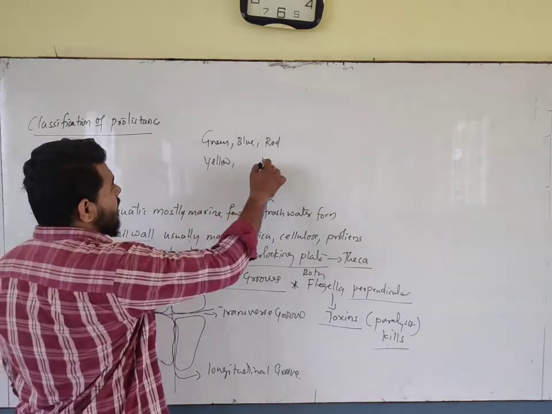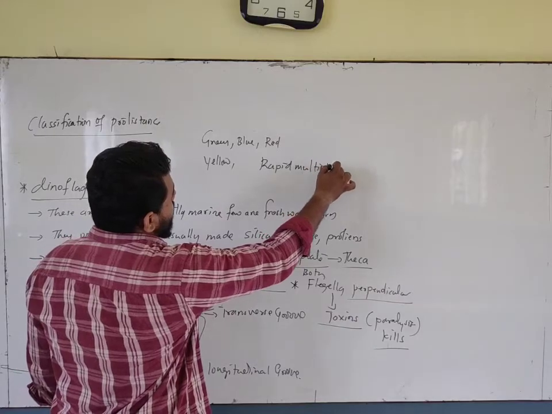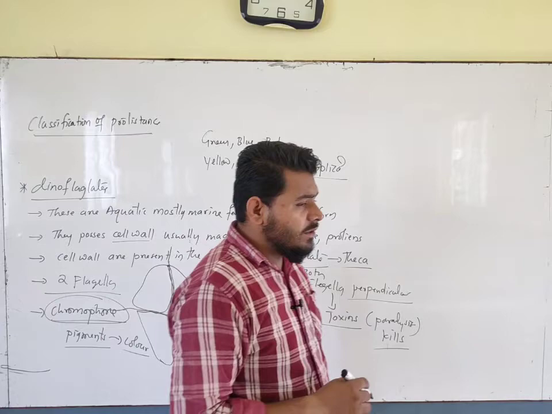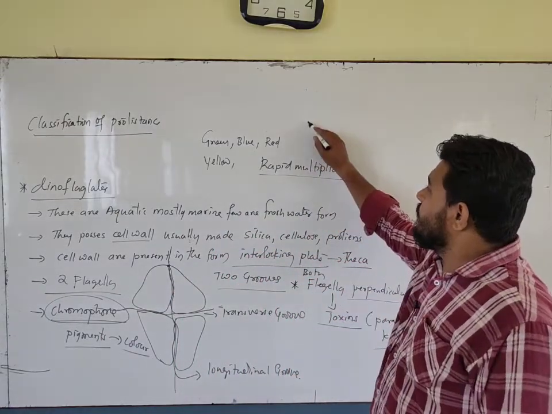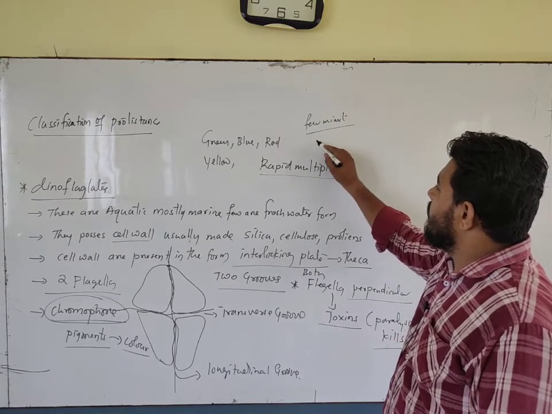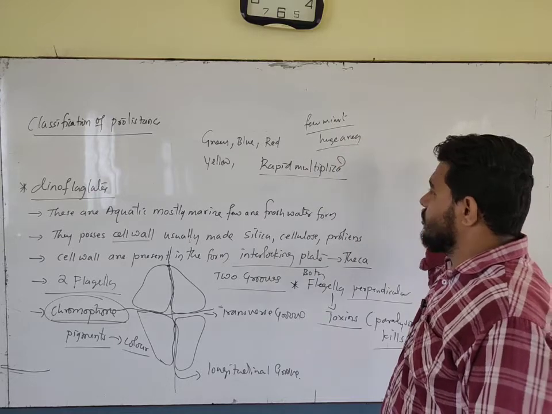Next, they have rapid multiplication power. Reproduction takes place by binary fission, which is so rapid that within a few minutes it can cover a huge area.